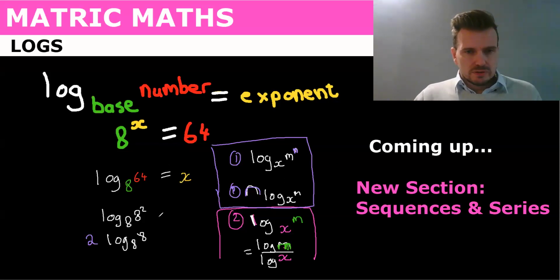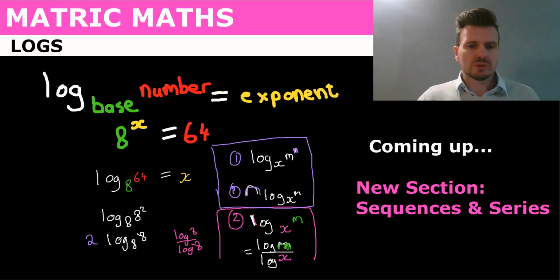And so here we get then from that rule log 8 over log 8, which we can see can cancel. We also know that log of anything, when these two are the same, is equal to 1, but this just demonstrates the rule.